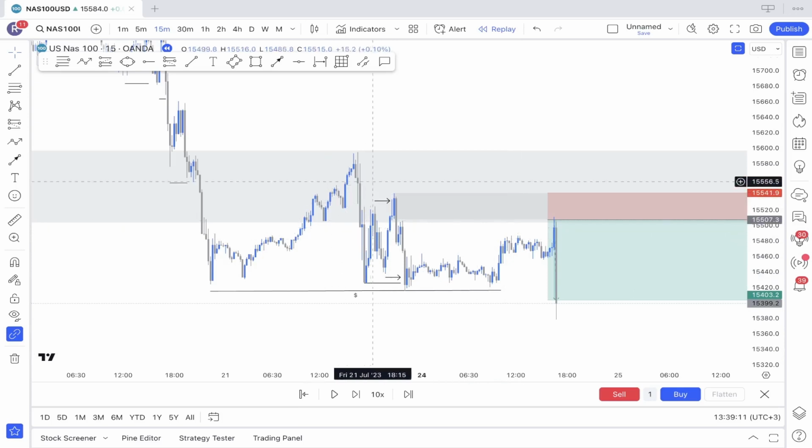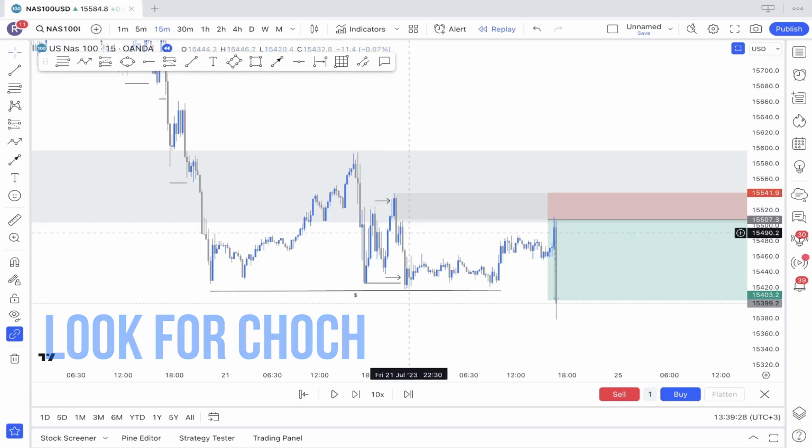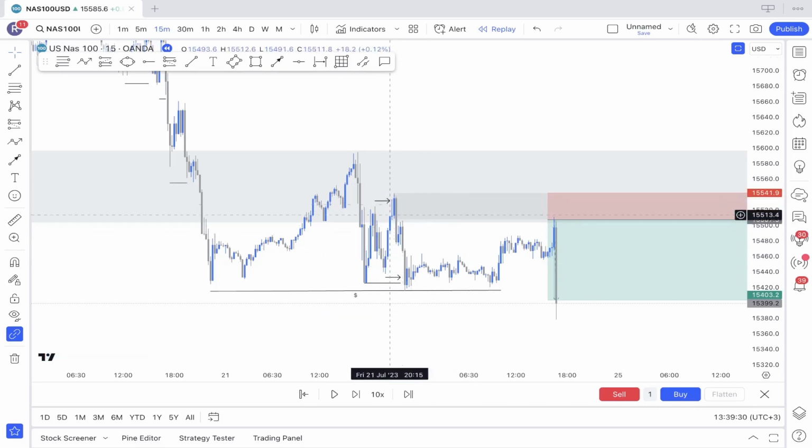And then once we saw that price started to reject from the higher time frame point of interest, we then started to look for a change of character, which is pretty much a liquidity sweep followed by a displacement. And we got that right here.